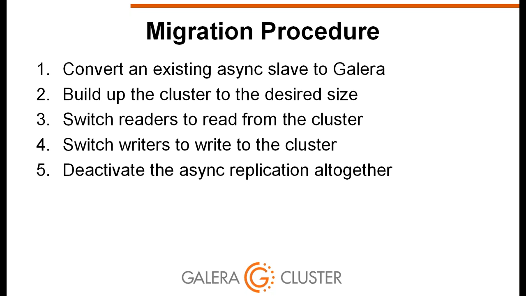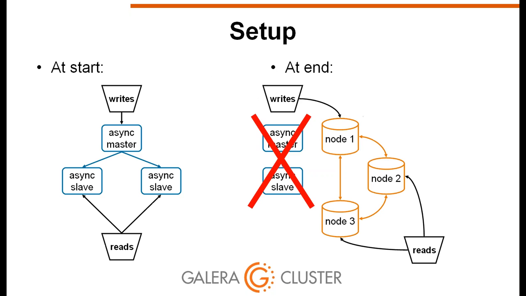And then what remains is to switch your readers to start reading from the cluster, and then you switch your writers to start writing to the cluster. And once you have done that, it is possible to deactivate the asynchronous replication altogether. And your data will now be all in Galera Cluster.